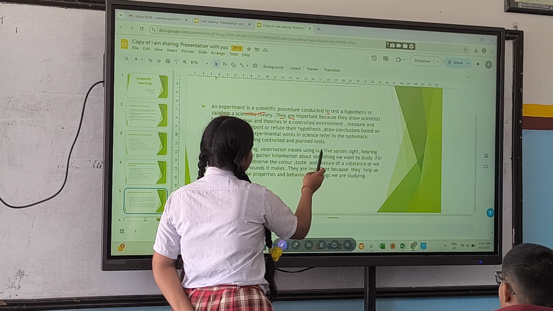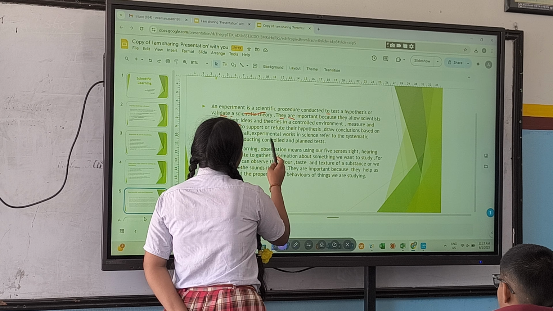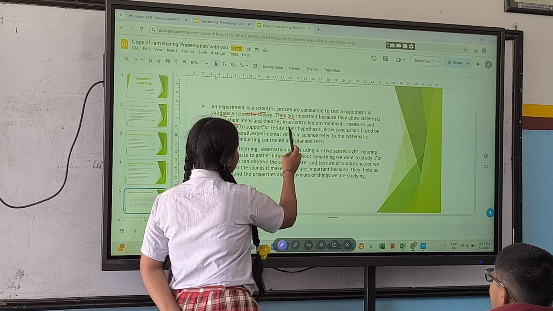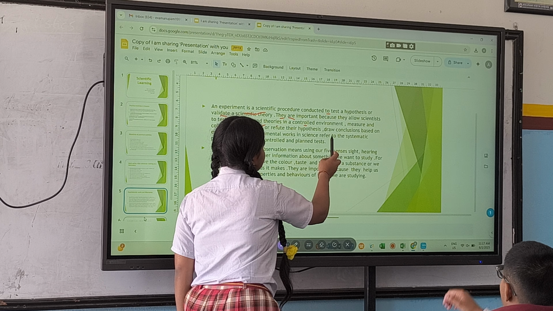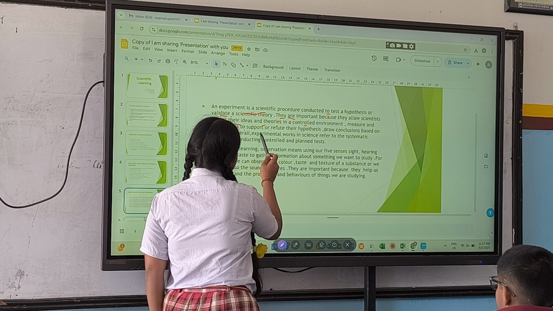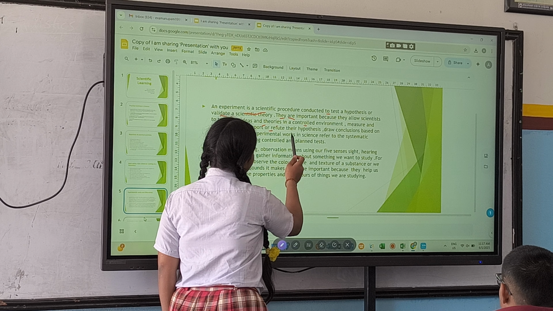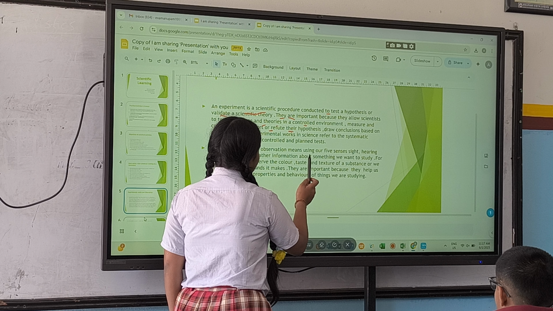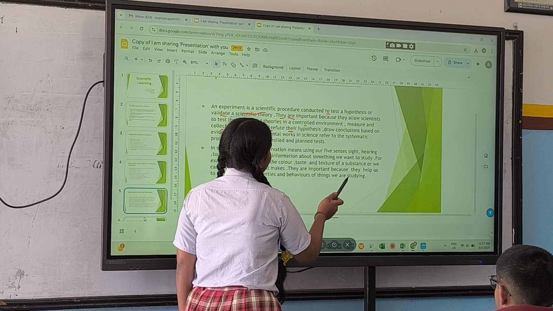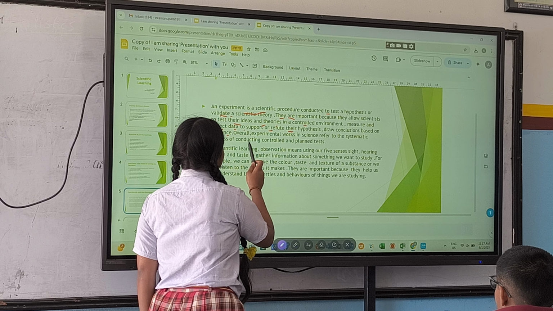They are important because they allow scientists to test their ideas and theories in a controlled environment, measure and collect data to support or refute their hypothesis, and draw conclusions based on evidence.